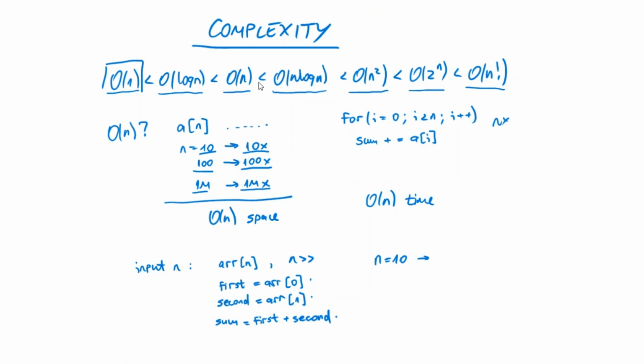So we will have only three steps. If n is 100, we will initialize first to the first element, second to the second one, and we will sum them. So we will have also three steps. If n is 1 million, we will have still only three steps. So this is an example of big O of 1 complexity.